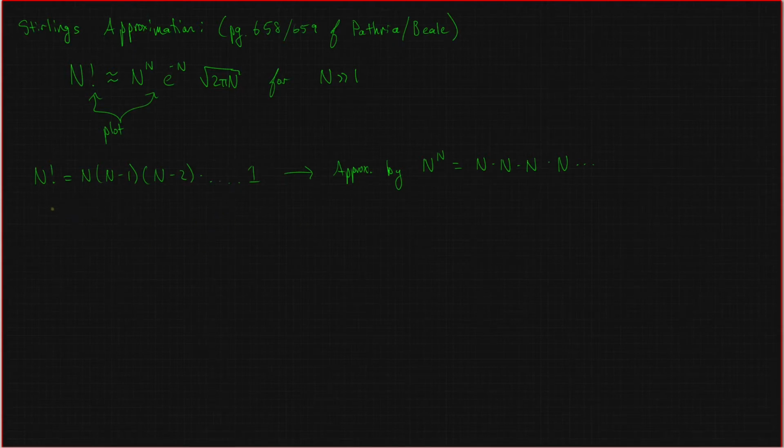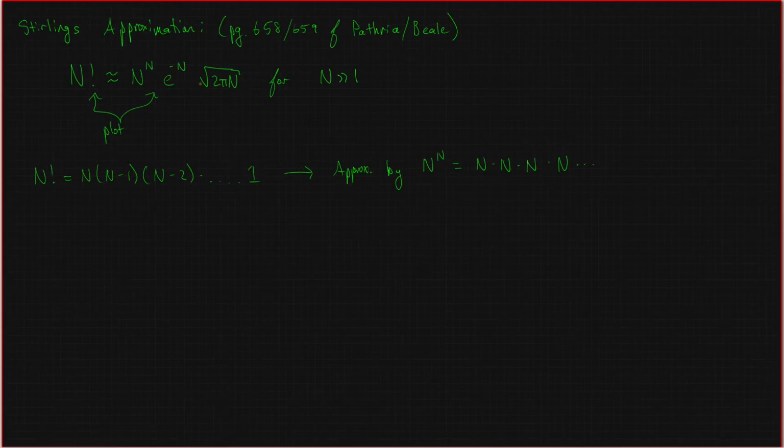So obviously this is a gross overestimation, and maybe you can convince yourself that throwing on this e to the minus n will bring this overestimation closer in line with what n factorial looks like, because the e to the minus n in front will lower it by just a little bit, proportional to how far out in the expansion you're getting, right? So hopefully that gives a little bit of insight as to why you can actually use this approximation.